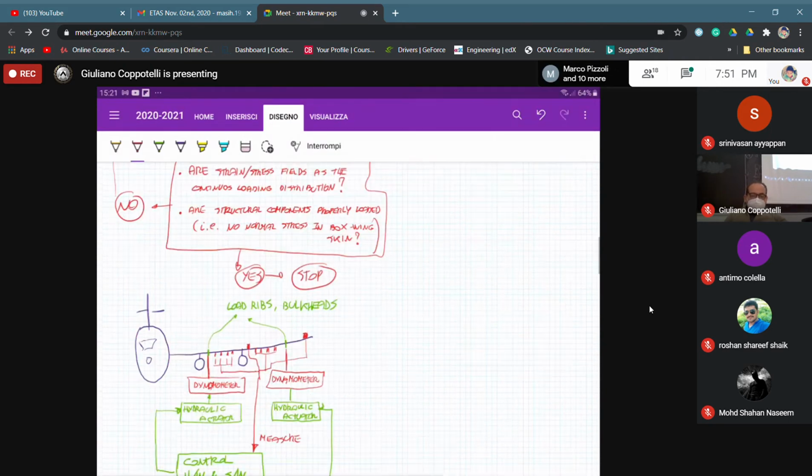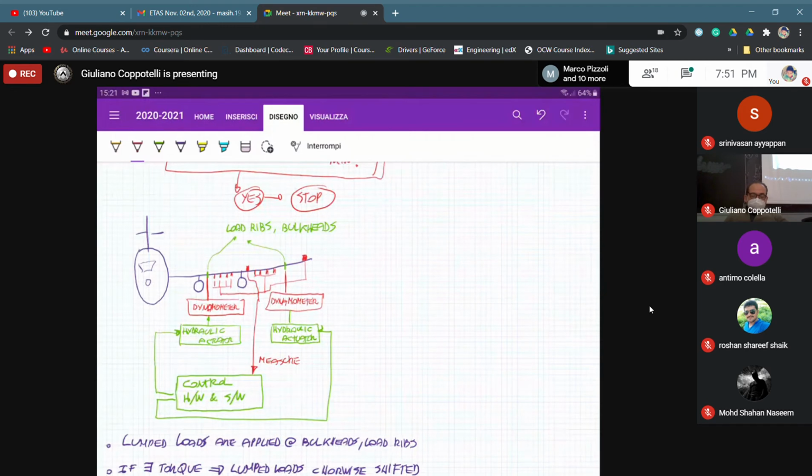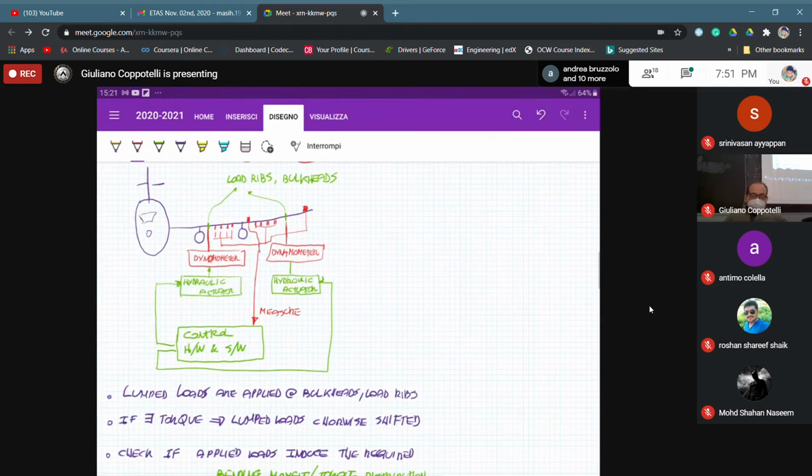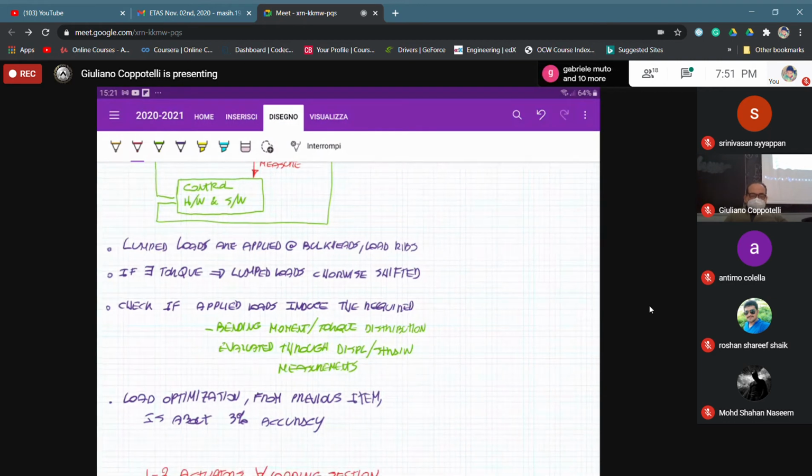Then you go to real life, and you start assessing that what you have in real life is what you got from the numerical analysis. Within a tolerance accuracy of about 3%, you can say that you are satisfied with your loading conditions. And then once you are here, you start with the limit loading factor test, ultimate, and then failure.